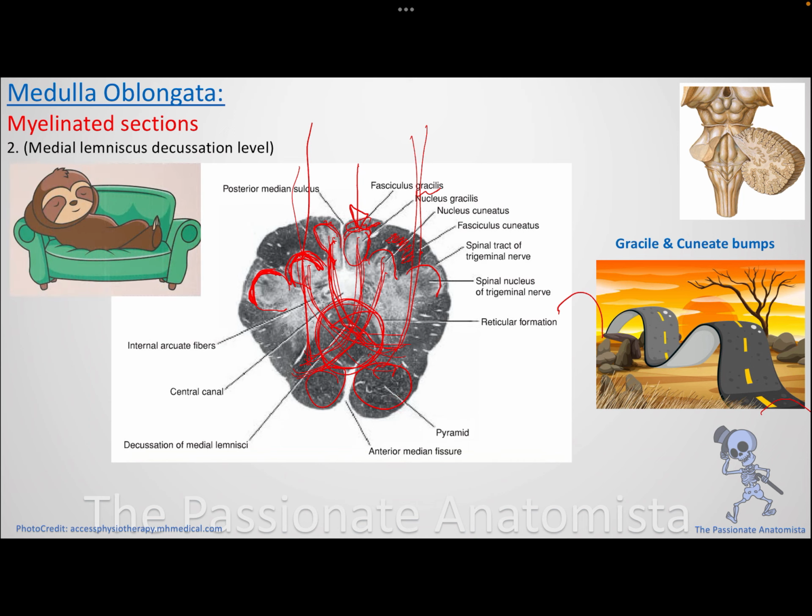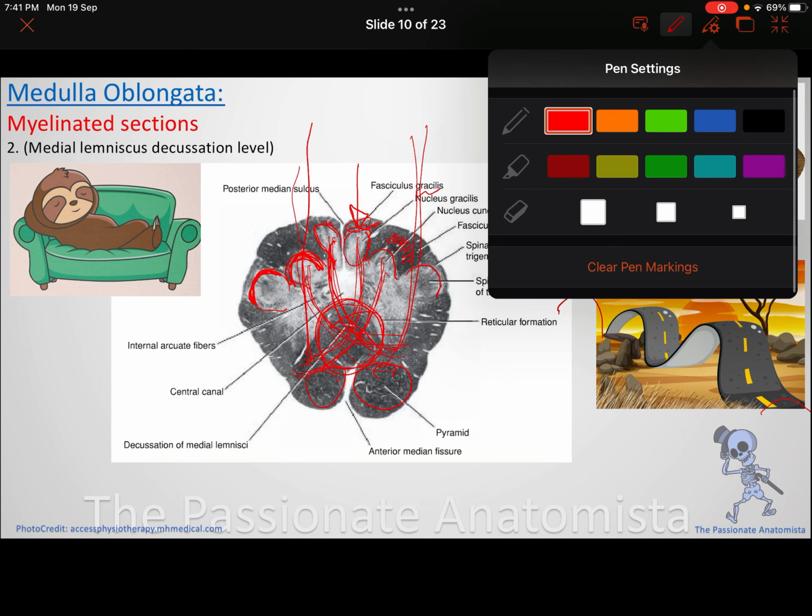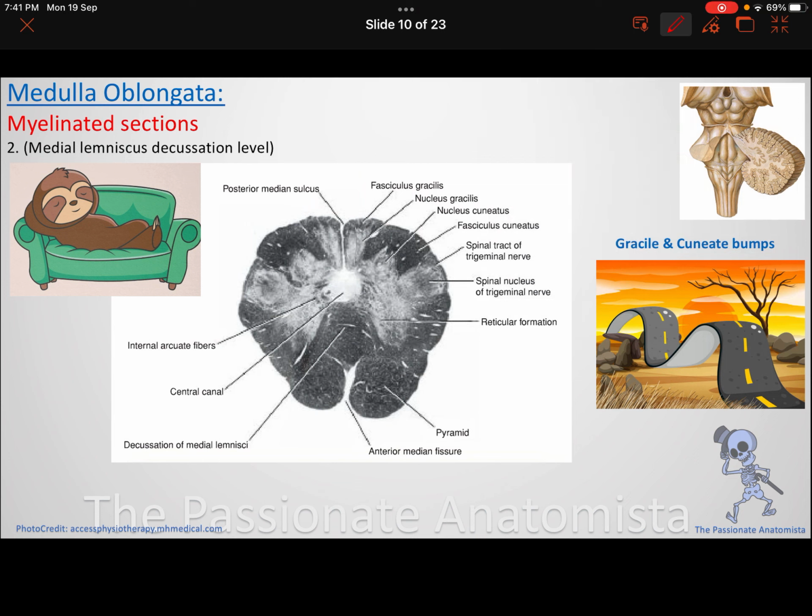Okay, guys, now there is some nice important information, and I added this picture to help you know it: the lower limb fibers decussate anteriorly. So if you look at the cell bodies of the gracile, they will decussate anteriorly.